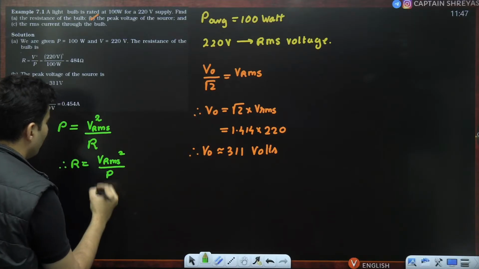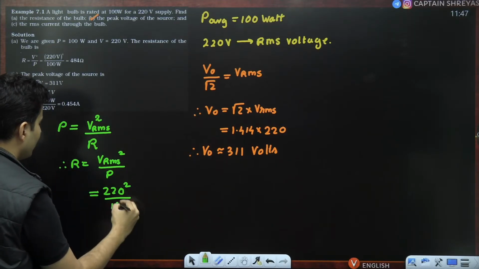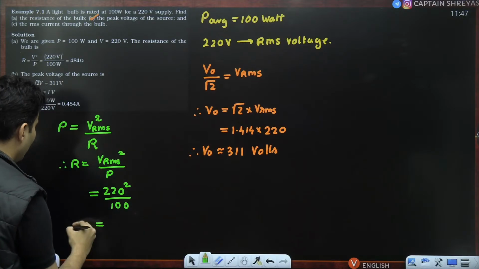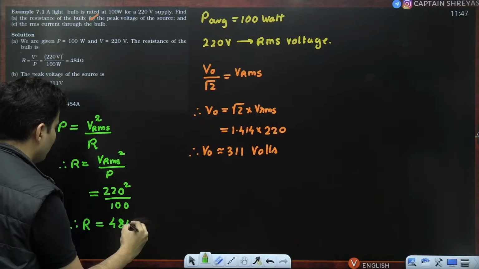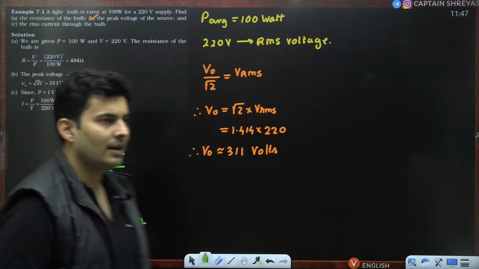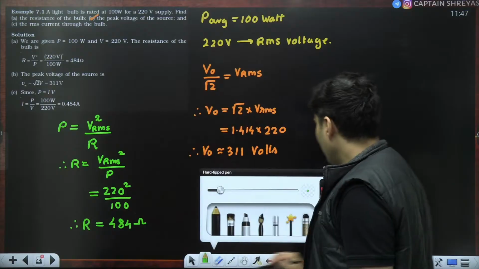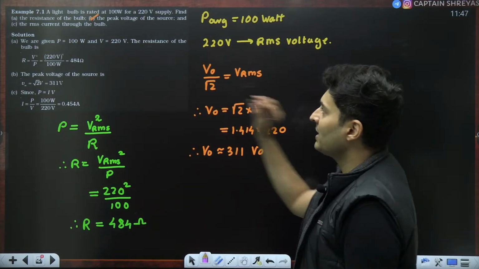The RMS voltage is 220, so 220 square divided by the power, which is 100. This value of resistance comes out to be 484 ohms, because 22 square is 484. That is the resistance value. Similarly, another question might be, can you find the RMS current?